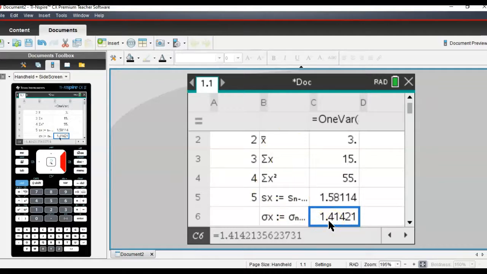And in fact, it's being so cautious, it's saying, I'm going to help you out here because I don't know if 1, 2, 3, 4, 5 is a population or if it's a sample. So I'm going to run both numbers for you, and it ran it as a population, so here's sigma, of 1.41. But it also ran it as a sample, just to be on the safe side, as 1.58.